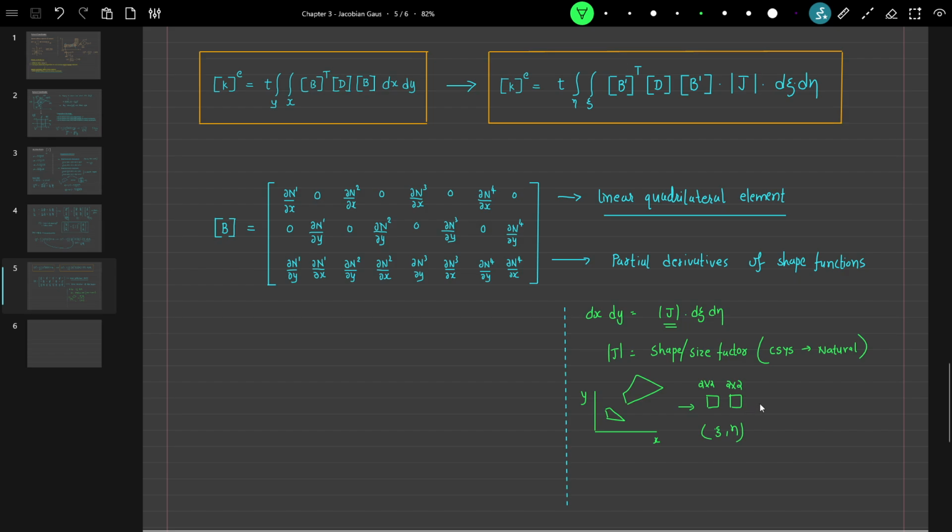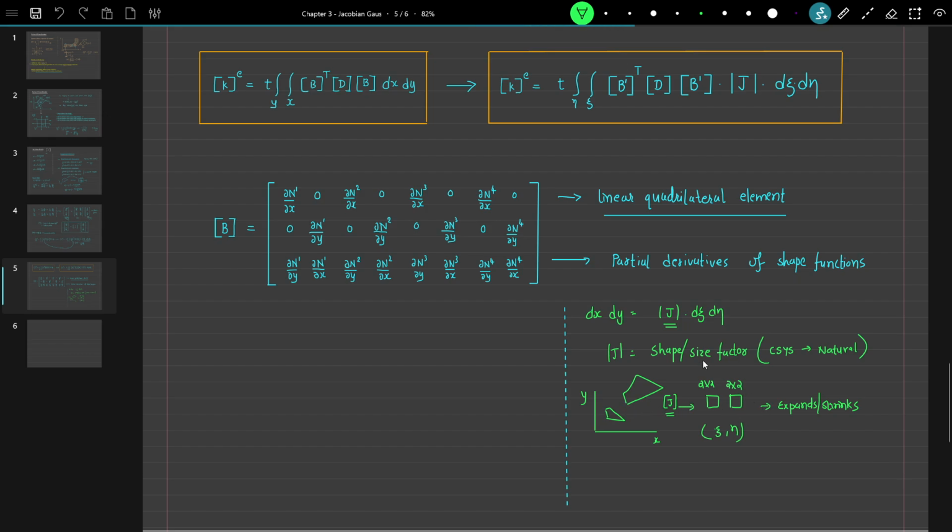So the Jacobian basically expands or shrinks, because a smaller element will become a 2 by 2, and a very big element will also become 2 by 2.